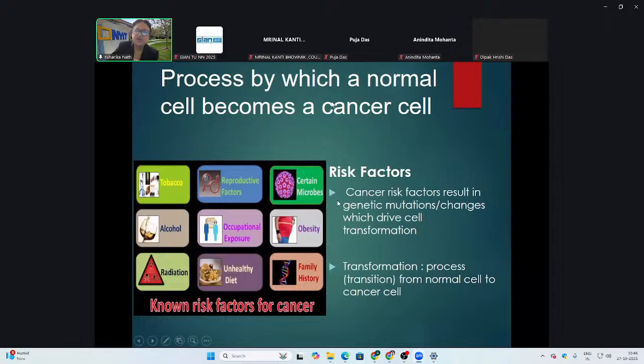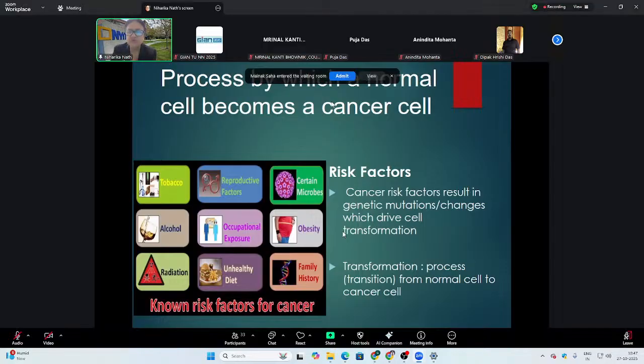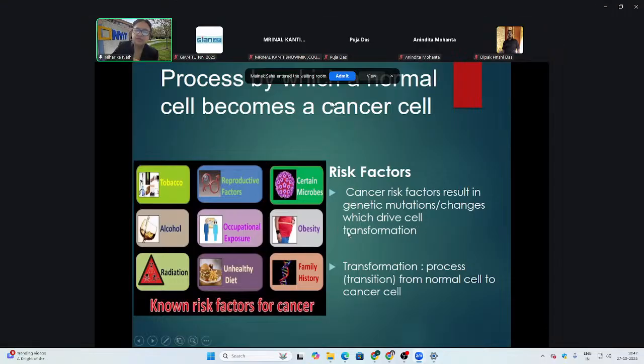These risk factors, about 9 of them here, result in genetic mutations and they drive transformation. Please note this very special word, transformation. It means that the cell has been transformed into a kind of cell that is abnormal.